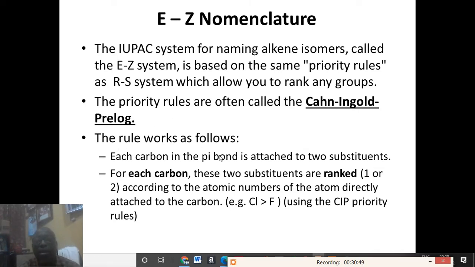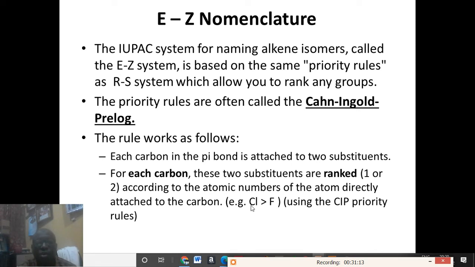This is a recap. Each carbon in the pi bond is attached to two substituents. For each carbon, these two substituents are ranked 1 or 2, according to the atomic number of the atom directly attached to the carbon.